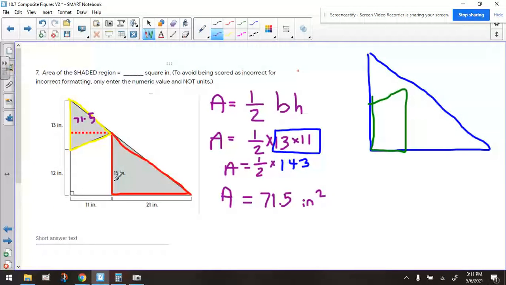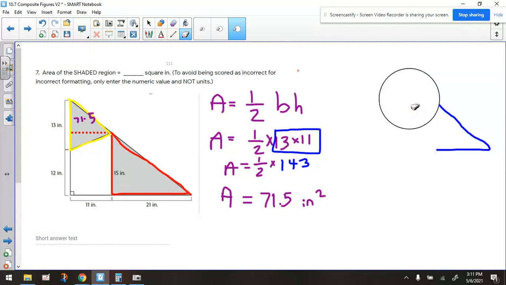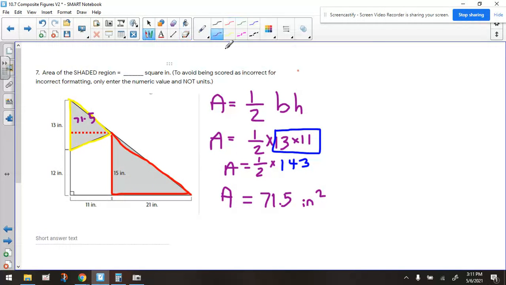All right, so now let's talk about how we would find the area of the red triangle. I'm going to erase this just to give us some room. So the red triangle, I'll use red ink. Formula for a triangle is half of the base times the height. Now, whenever you're looking for the base and the height of a triangle, you're really looking for the two numbers that are perpendicular to each other.